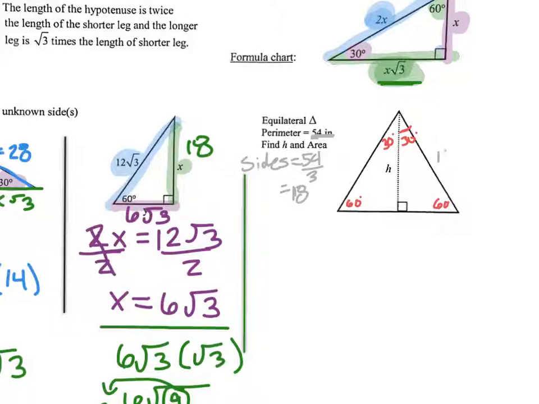So this is 18, this is 18, it's equilateral, all the sides are congruent. The whole thing here is 18, but when we split it in half, we're looking at 9. We want to split it in half because we have to find the altitude. If we look, this altitude is across from the 60-degree angle.